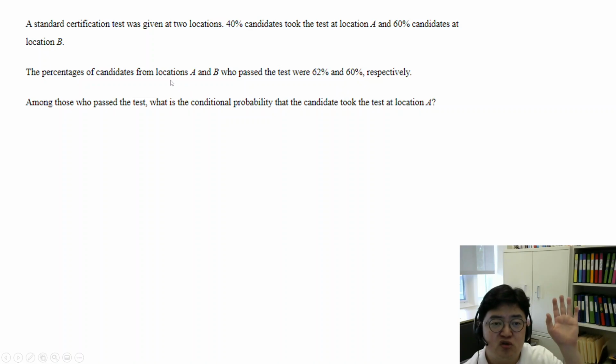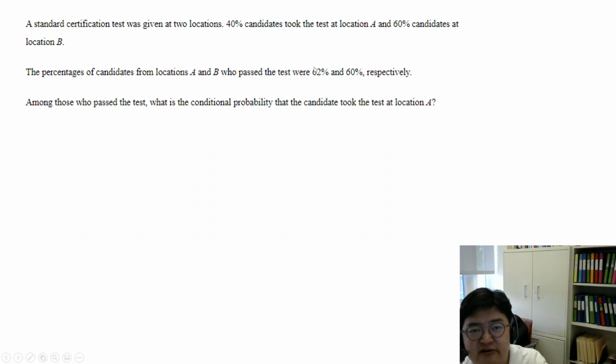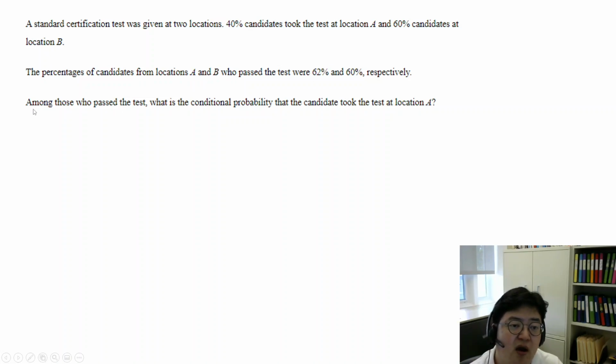So 62% of exam takers at A have passed the exam, and 60% at location B. And among those who passed the test, what is the conditional probability that the candidate took the test at location A?